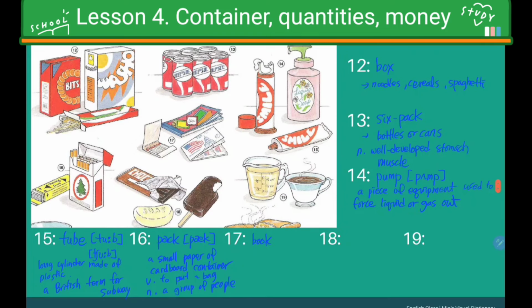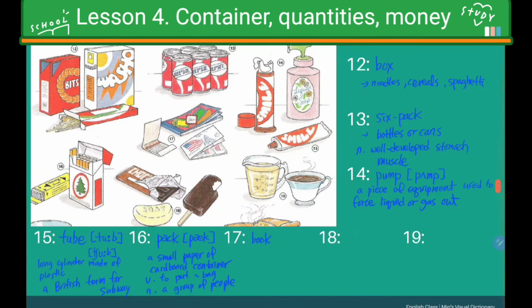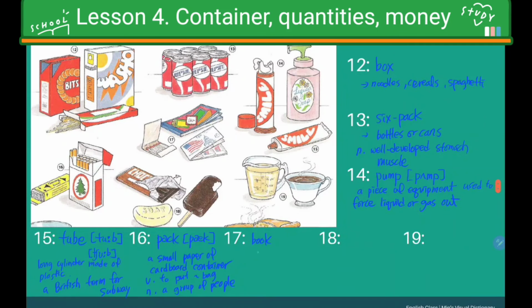And we also use it for matches, stamps, and stickers, especially the postal stamps. Alright? So a book of matches, a book of stickers. And when you go to the postal office, you can ask for a book of postal stamps.